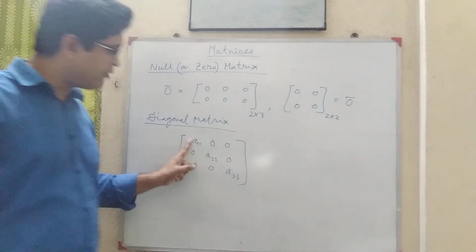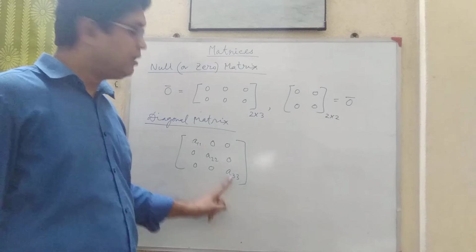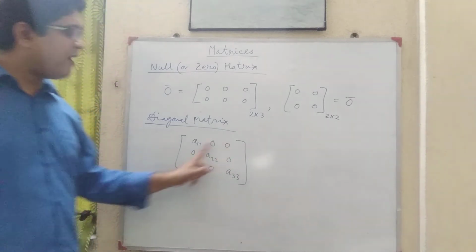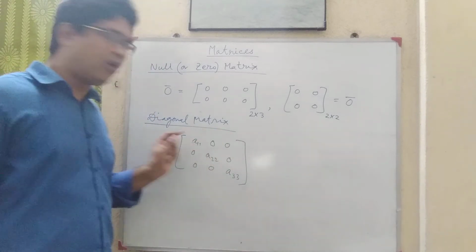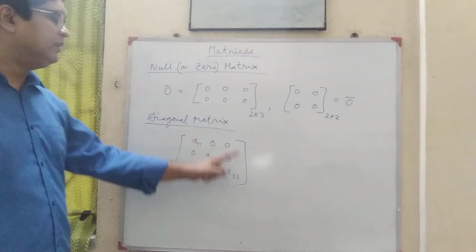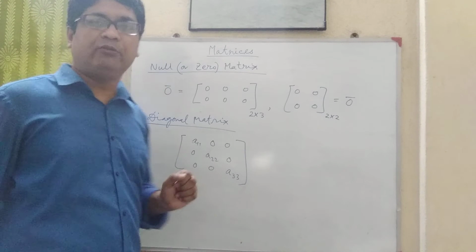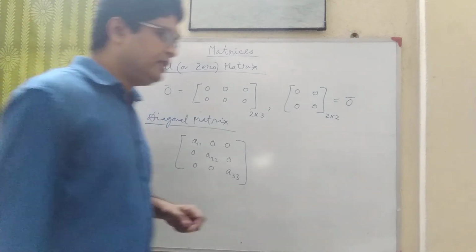You see that here diagonal elements may or may not be 0, but if the non-diagonal elements are all 0, then this type of matrix is known as diagonal matrix.